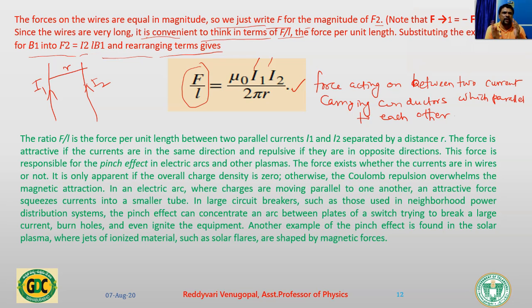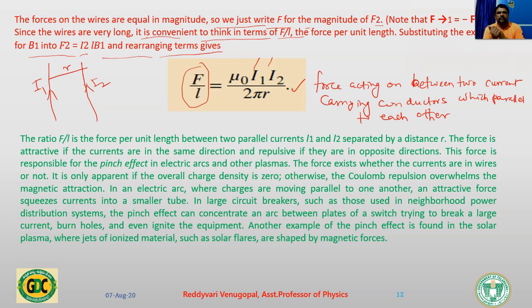We used that equation to derive the magnetic field induction due to a straight current carrying conductor: B is equal to mu naught I by 2 pi r.